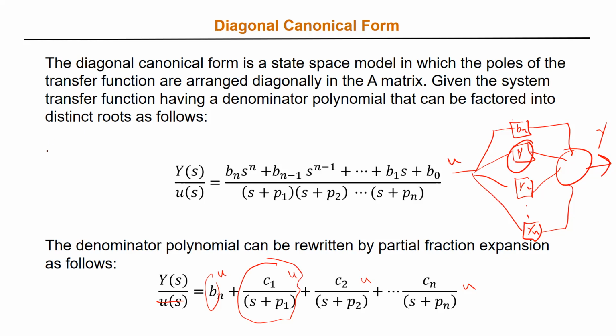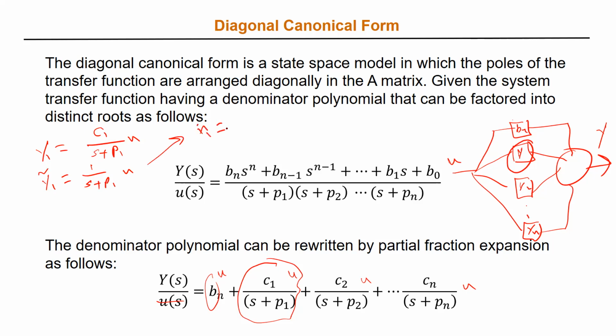Let me write it: suppose y1 equals C1 over S plus P1 times U. Let me say y wiggle equals 1 over S plus P1 times U. So what is the state space for this one?